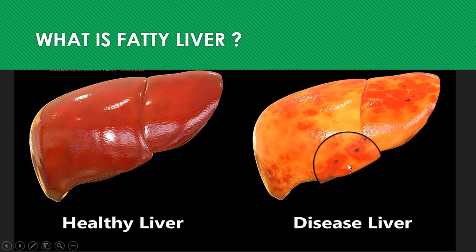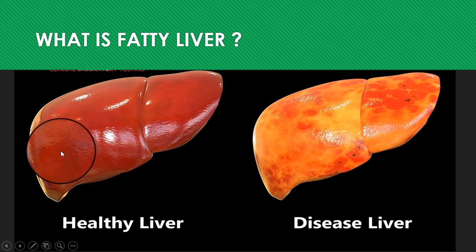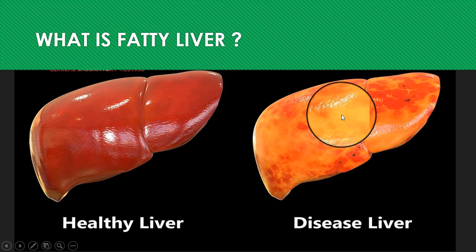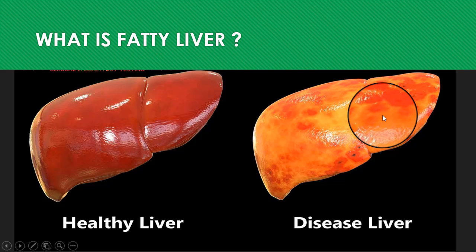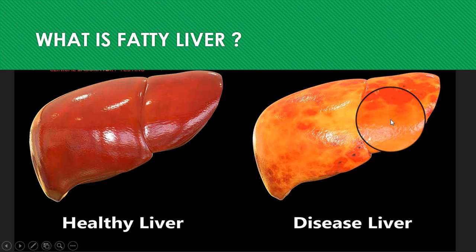So I hope it's very clear to you what fatty liver is. What happens in a normal liver that it becomes fatty, and it creates many problems in digestion and function? Next, the pathogenesis of fatty liver. So let's talk about it.